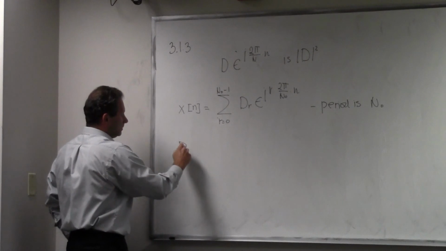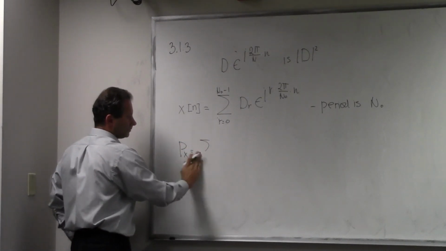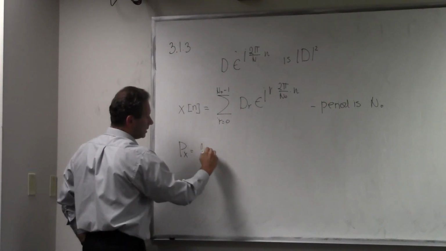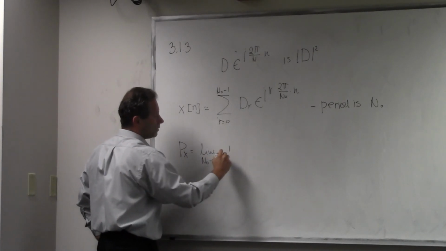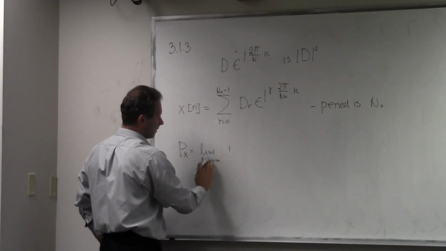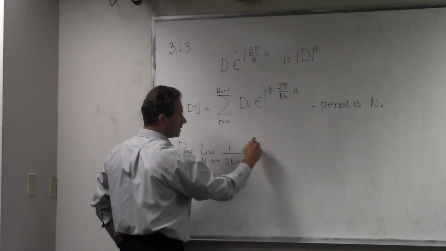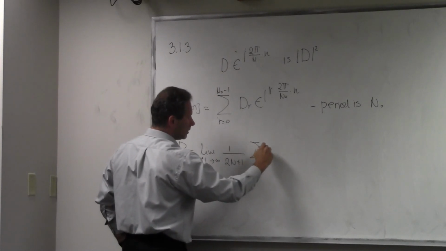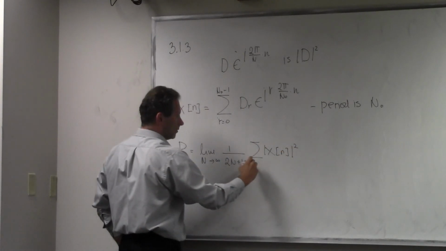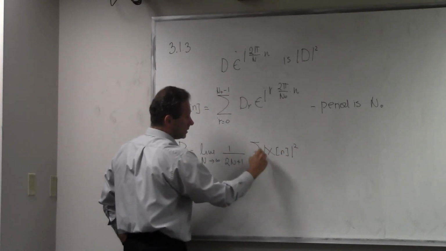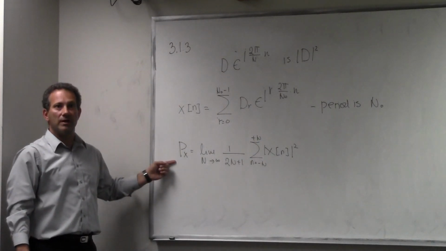Well, the power of the signal x in the general case is the limit, as N goes to infinity, of 1 over 2N plus 1 times the sum of the magnitude of x[n] squared, when n goes from minus N to capital N. This was our definition of the power in the general case for any signal.